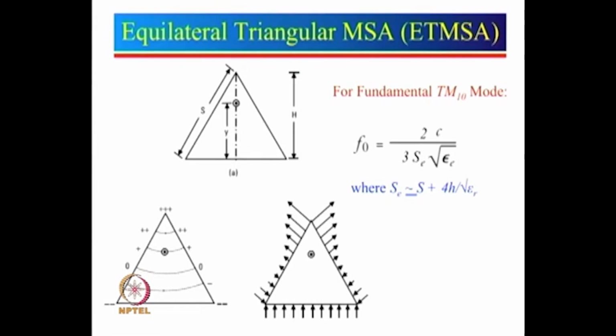Now let me define what is the 1 0 mode. The 1 here implies that the field variation is one half wavelength on this side and one half wavelength on this side, and the 0 here implies that the field variation along this axis is relatively not there. So that is what 0 implies.